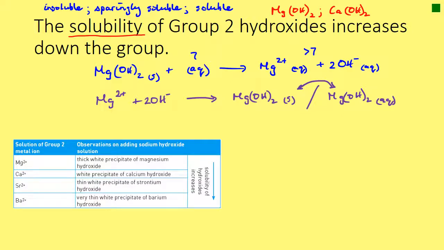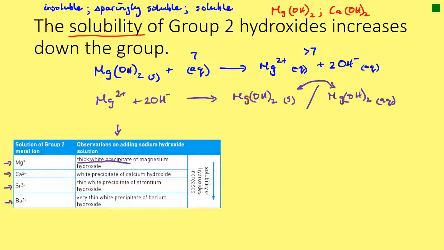We've got a chart here. So we've got magnesium ions added to sodium hydroxide. We're going to do the same with calcium and strontium and barium. And if you were to do that, these are the observations you would get in this middle column here. And with magnesium ions, when you add hydroxide to it, you would see a thick white precipitate. That would be magnesium hydroxide, of course.